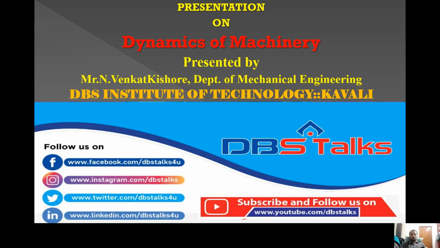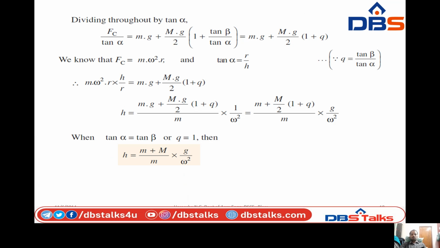We know that tan beta by tan alpha, that is Q, that is a known thing. So substitute that in the equation. With that, dividing the equations throughout, left hand side and right hand side, by tan alpha.